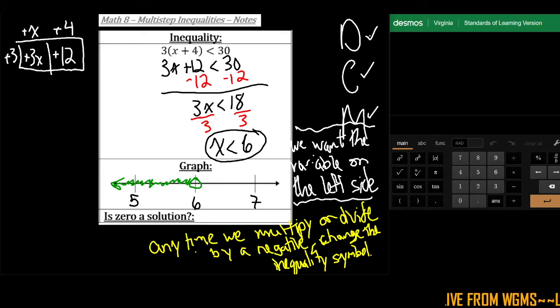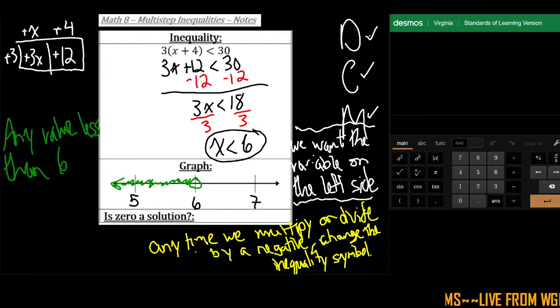So let me actually write that. Any value less than 6 is a solution. So you're just trying to think, okay, what is a possible solution? Well, is 0 a solution?